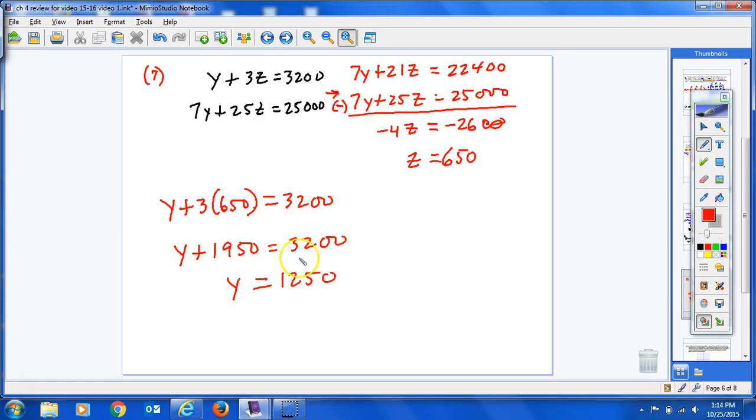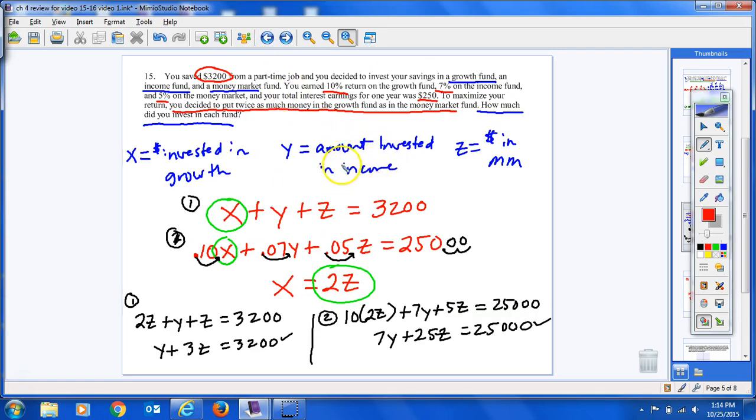So let's see, y was the income fund. So we have that amount, 1,250. Let's go ahead and write them while we're here. $1,250 in income. The money market was $650. And now it's going to be pretty easy to find the growth, x, because I can come all the way back to the beginning and plug in 1,250 for y and 650 for z.